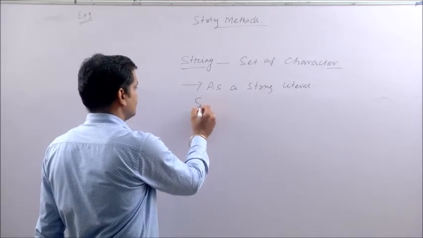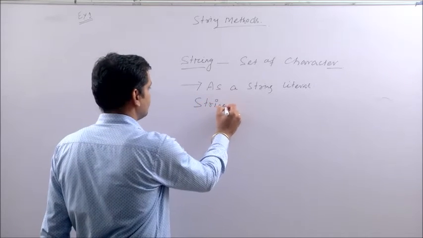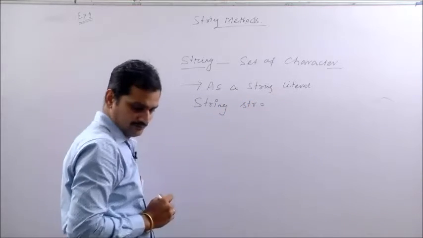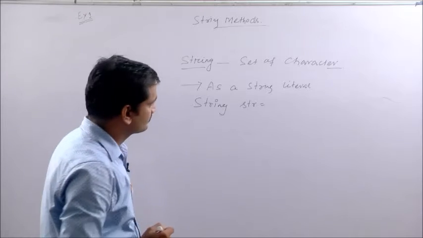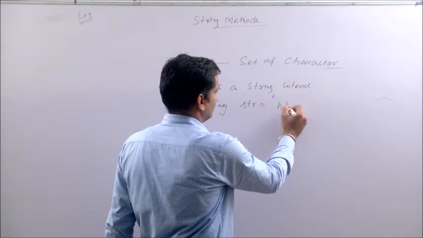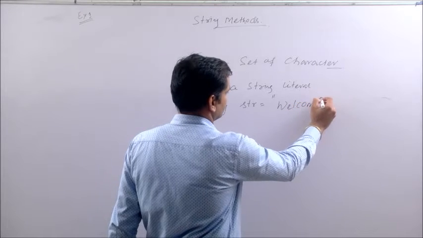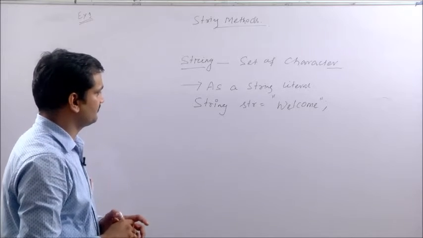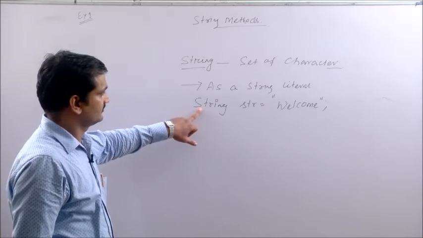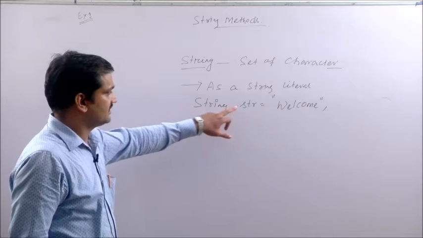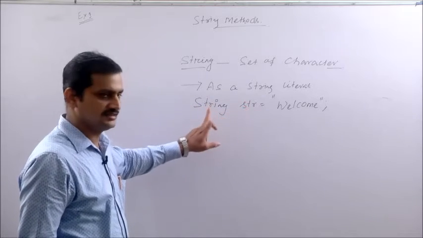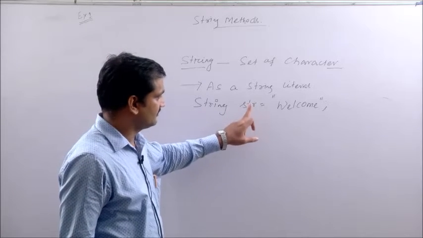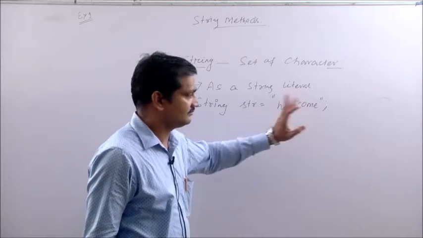There is a predefined class in Java that is String. If suppose I write String str = "welcome", now String is the name of the class, and str is the object that represents the string, and what this object refers to is the literal welcome.